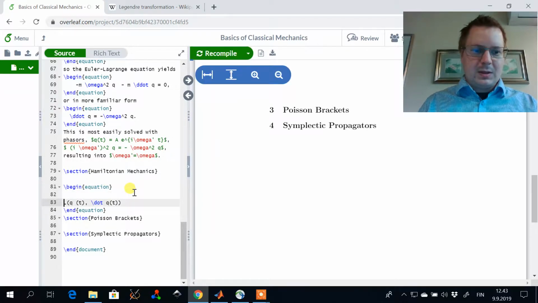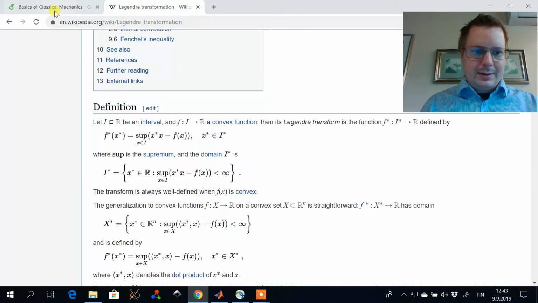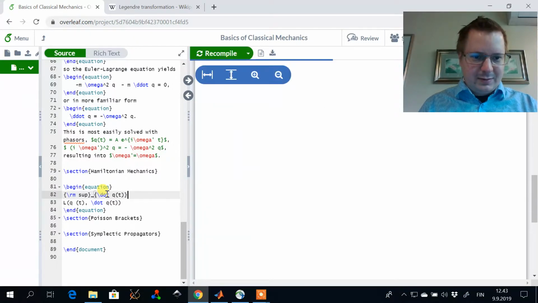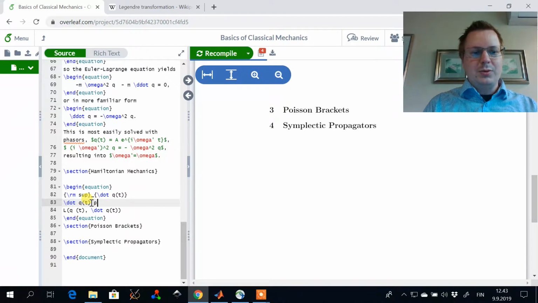So we say sup, in the domain of x, so we will find the supremum value of the time derivative in such a way that we have the time derivative times something new.